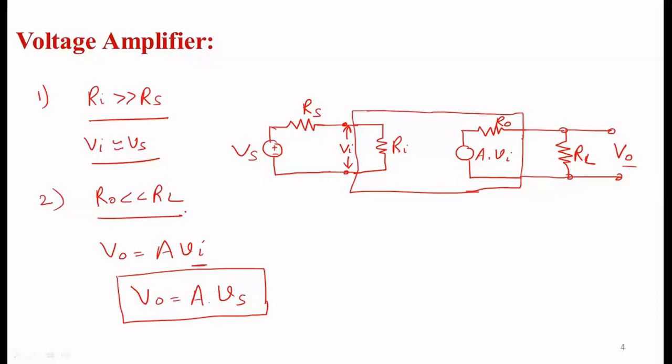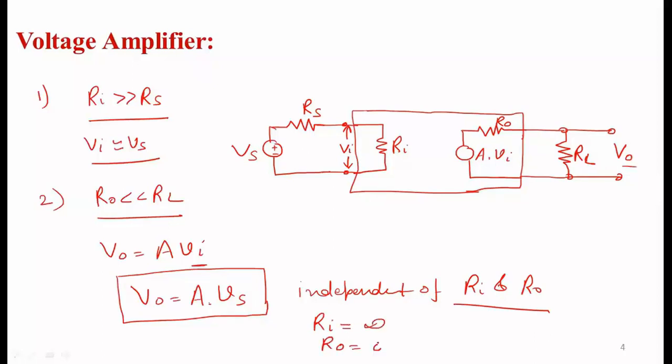With these two conditions, the output voltage is equal to A into Vs, and that is independent of Ri and R naught, the resistances of the amplifier. So for the ideal voltage amplifier, Ri should be infinite and R naught should be 0. This is for the ideal voltage amplifier.